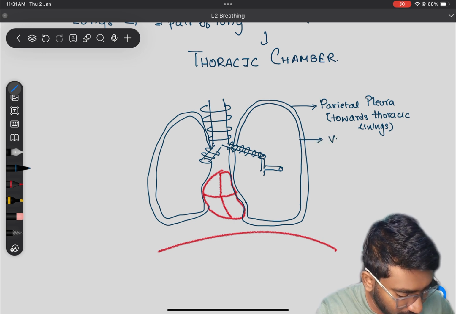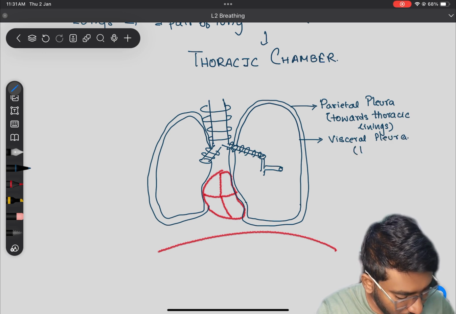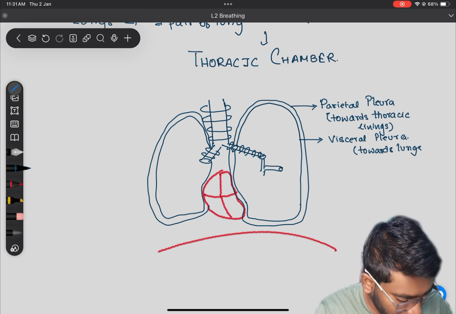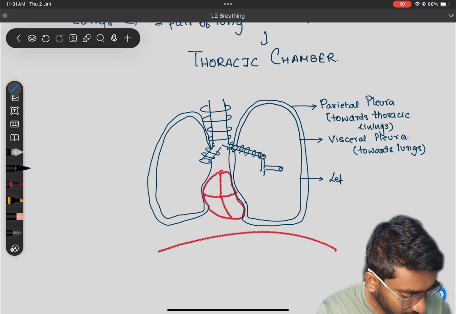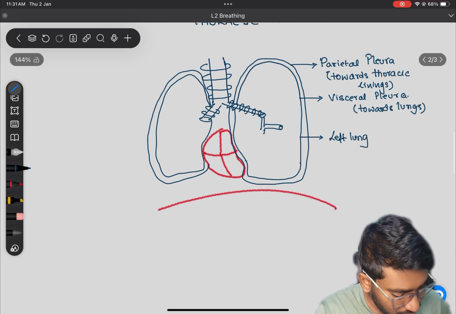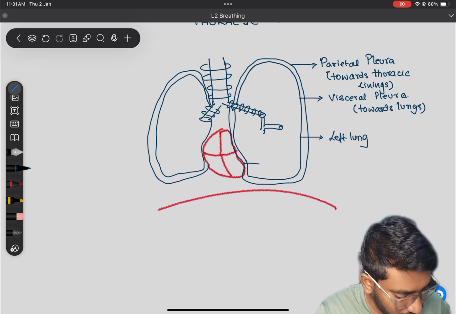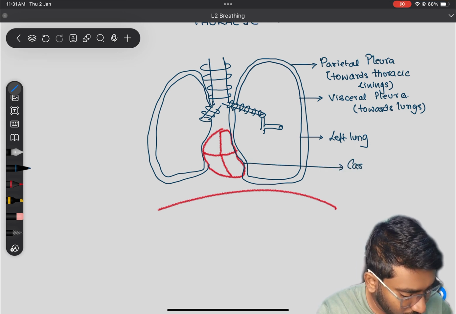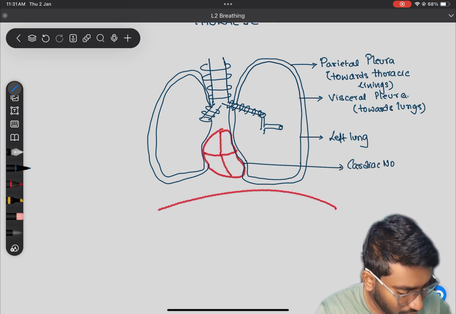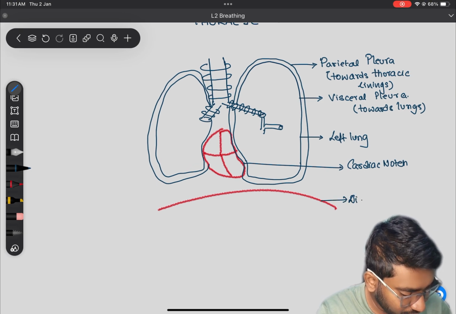This is called visceral pleura, towards lungs. This is the left lung. This is the cardiac notch. Okay, this is called the diaphragm.